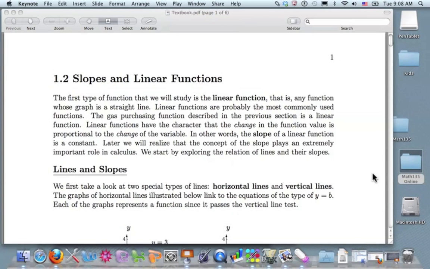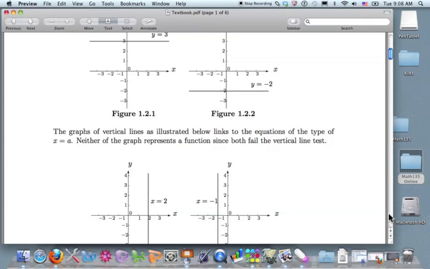So let's take a look at lines and slopes. Not all lines represent a function. The exception is a vertical line. Those two groups are the particular lines.